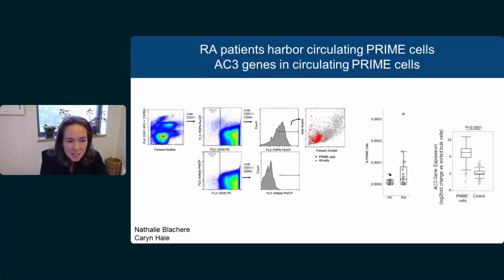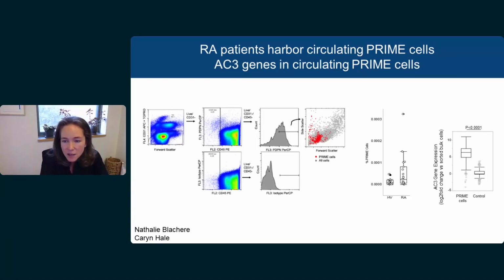So CD31 negative, meaning not endothelial cells, and CD45 negative, meaning not hematopoietic cells, and then podoplanin positive. And we were able to find a population in the blood that fit those parameters.